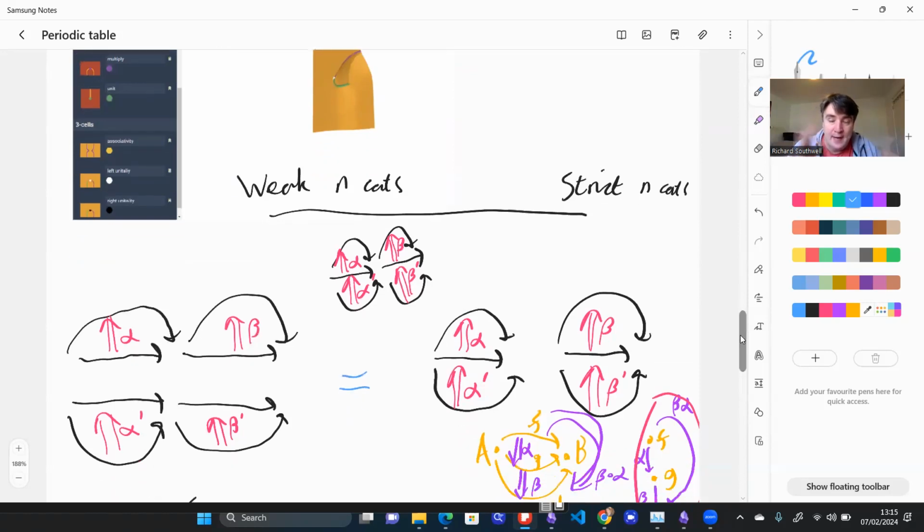So in a weak 3 category, we could say that this interchange law is not actually an equation anymore, but it just holds up to a higher dimensional isomorphism. We're not saying that these two things are equal anymore. We're saying that there's going to be an invertible 3 cell between this and this. And that's the kind of thing that's happening in a weak 3 category.